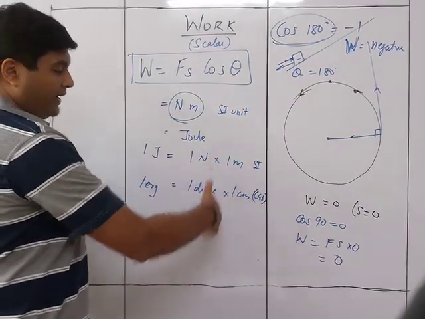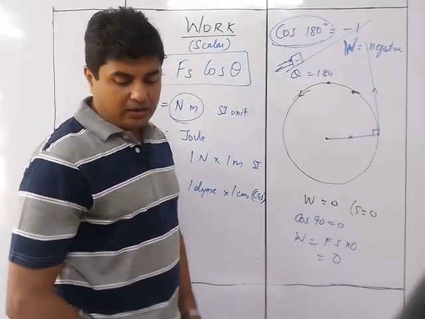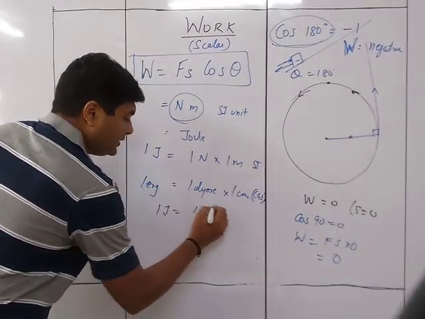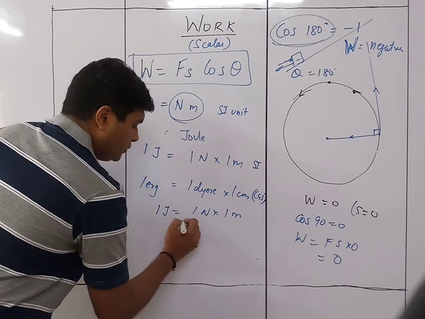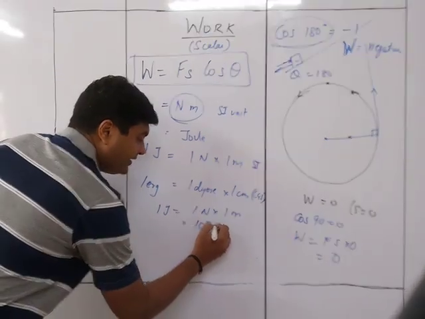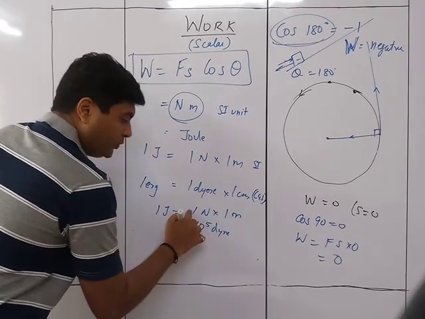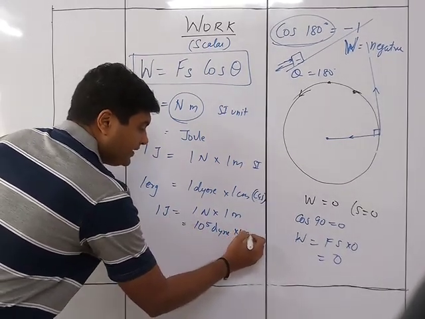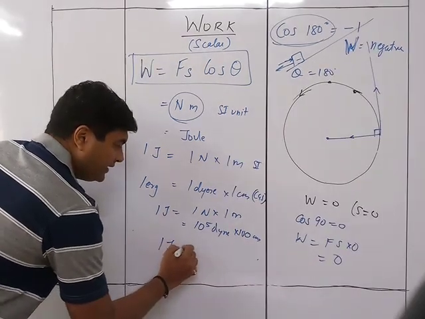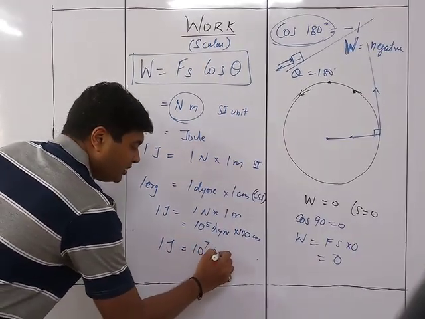We can also have the relationship between joule and erg. We know that 1 joule is equal to 1 Newton into 1 meter. Now 10 raised to 5 dyne makes 1 Newton, and 100 centimeters make 1 meter. So 1 joule is equal to 10 raised to 7 erg.